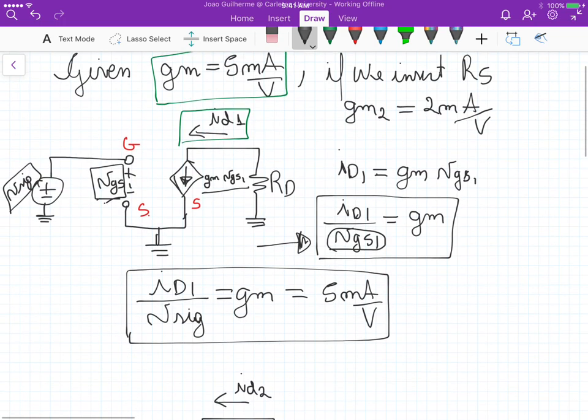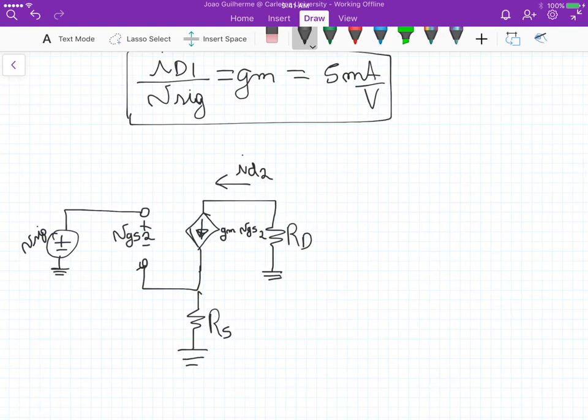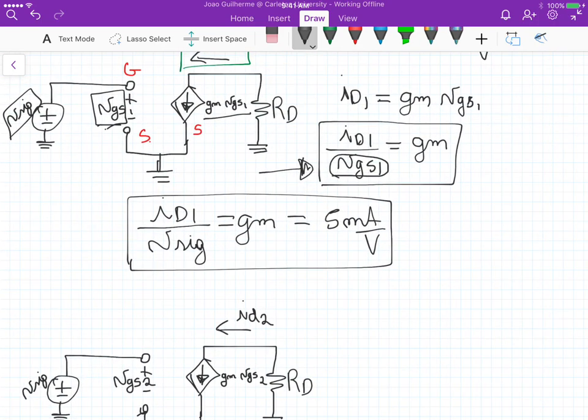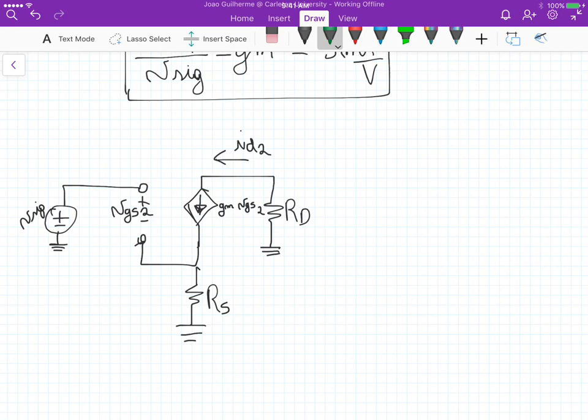Fine. Now, if we insert the source resistance, we no longer have that ID1, because in the previous circuit we were taking VGS1 as the difference between the potential at the gate and the source, which was grounded, so the source was 0. But now, because this ID is flowing through to ground, it creates a voltage drop across this RS.